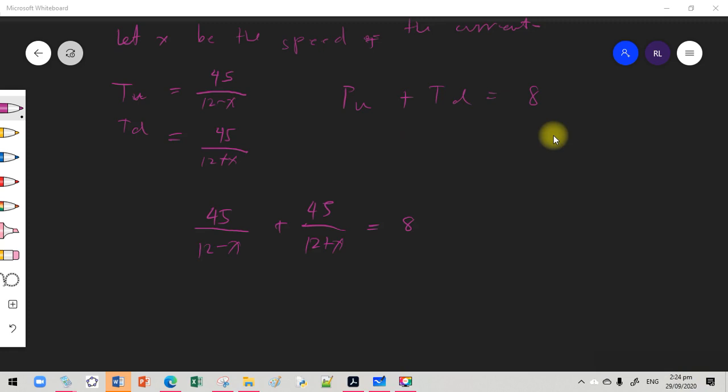We have here, of course, the LCD, which is 12 minus x times 12 plus x. So we're going to multiply each term by our LCD.